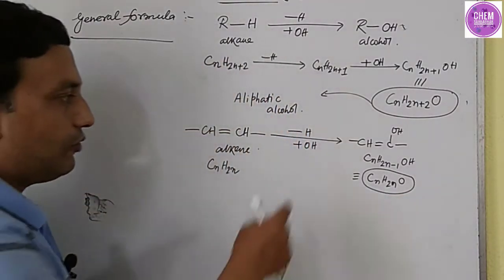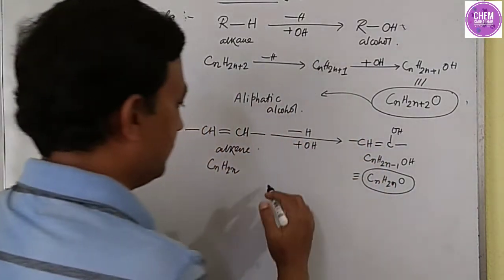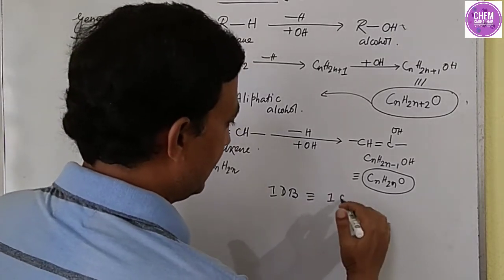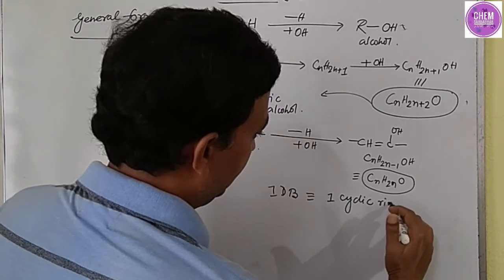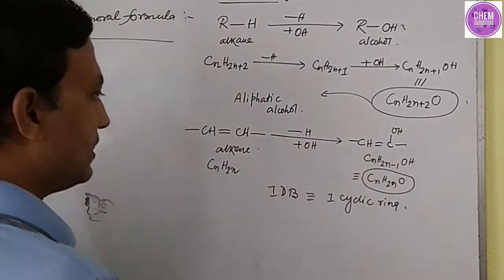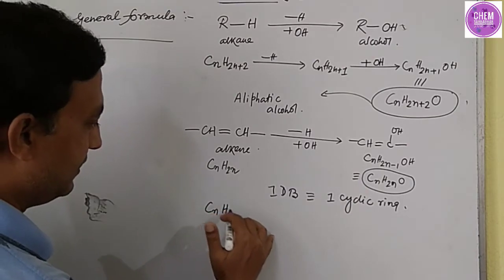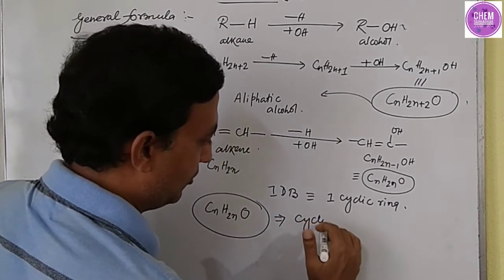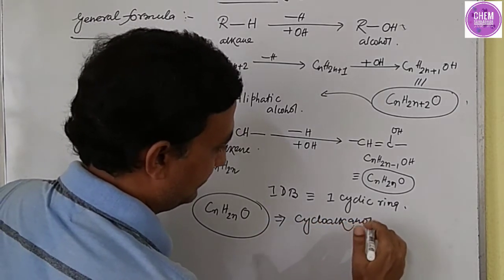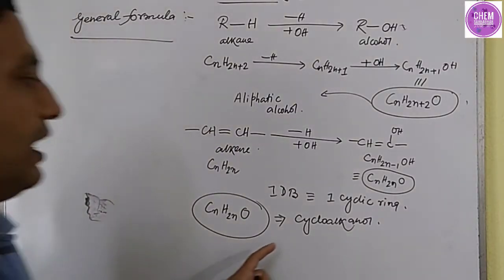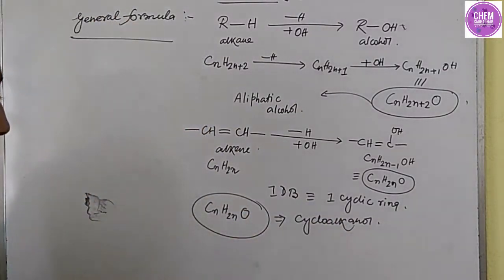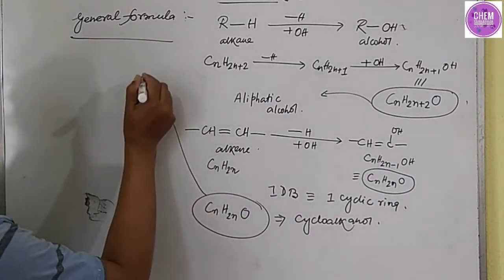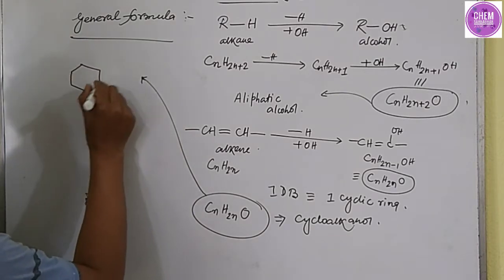Now one double bond is equivalent to one cyclic ring, so the formula CnH2nO should also be that of cycloalkanol. This is the general formula of cycloalkanol. To check whether the formula is correct for cycloalkanol, let us take the example of cyclohexanol.